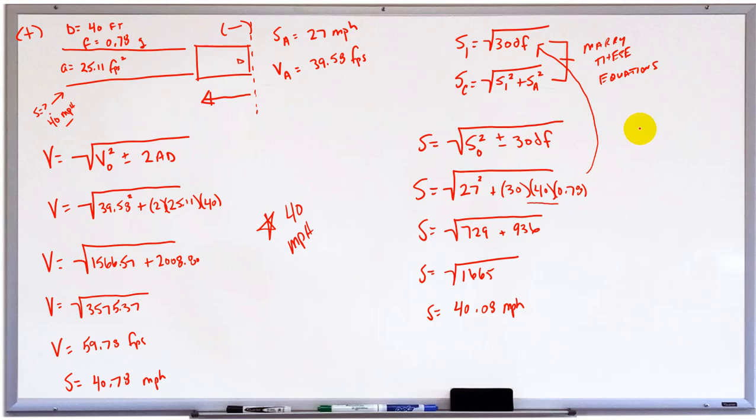Because if I was going to figure out its kinetic energy equivalent speed, I would of course say speed 1 is equal to 30 times distance times drag factor. And I would say 30 times 40 times 0.78. Once I multiplied all those together, I was going to be at 936.